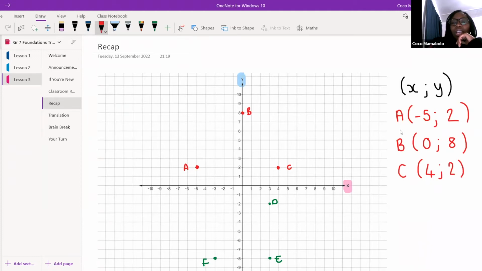All right. And have we noticed something funny or similar about any coordinates? Anybody see anything that's similar? My drawing is just getting out of hand.